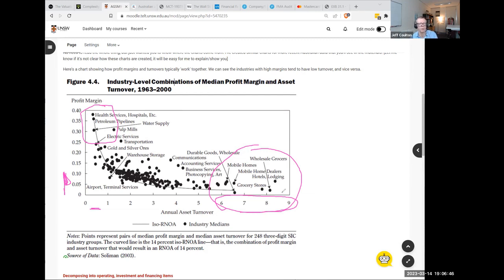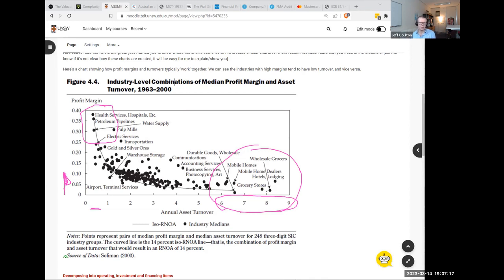At the other end, at the bottom right-hand side, we've got our grocery stores, so our Woolworths, where if we think about the snapshot that the balance sheet gives us at the end of each year, a big component for Woolworths is going to be its inventory and any leases that it has on the stores. The whole business of your grocery stores and the wholesale grocers is to sell each thing that you've got at any given point in time lots of times.